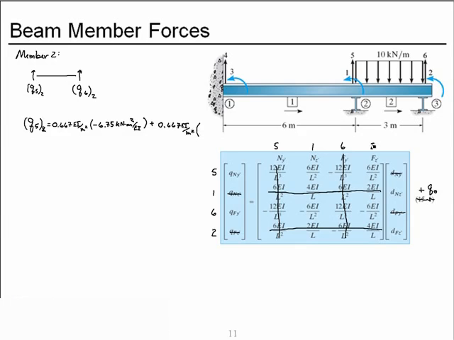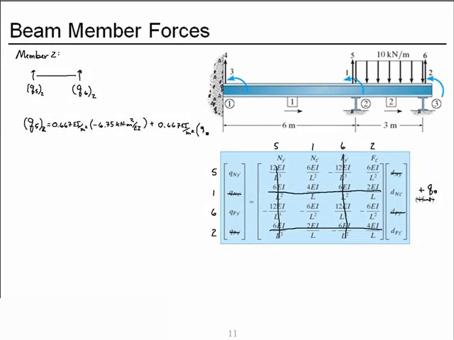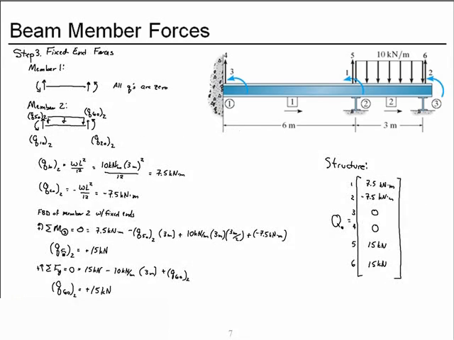Now times deformation at degree of freedom 2, which we found to be this, over EI, and to which we add the fixed end force, which for degree of freedom 5, member 2, was a positive 15 kilonewtons.